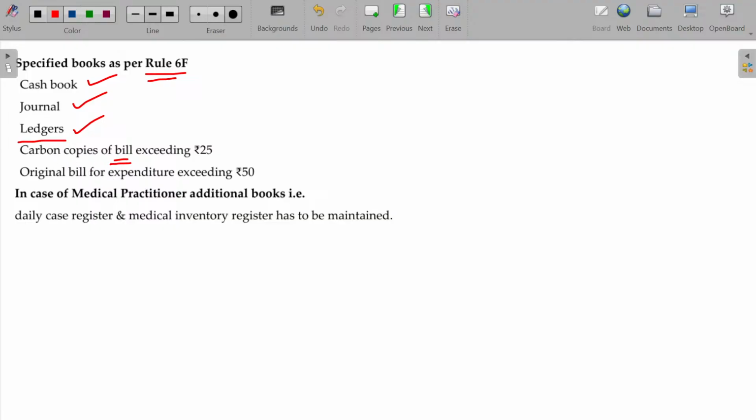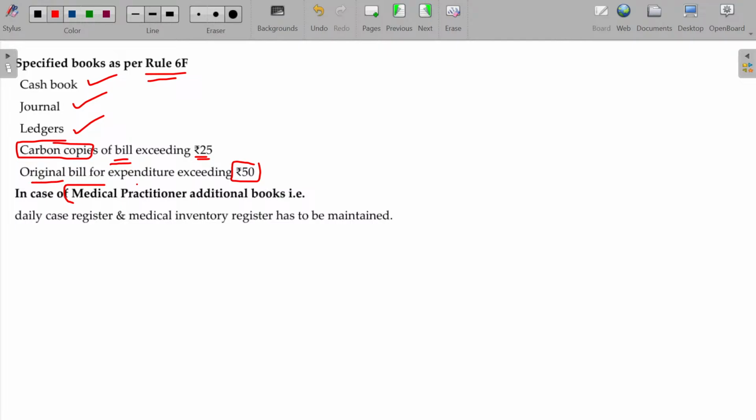For that, you need to maintain carbon copies if the sales revenue is more than 25 rupees. If you spend, you need to get the original bill for expenditure exceeding 50 rupees, or prepare a voucher. In case of selling, you maintain a carbon copy, because the original bill is given to the buyer. All these are mandatory requirements under rule number 6F.